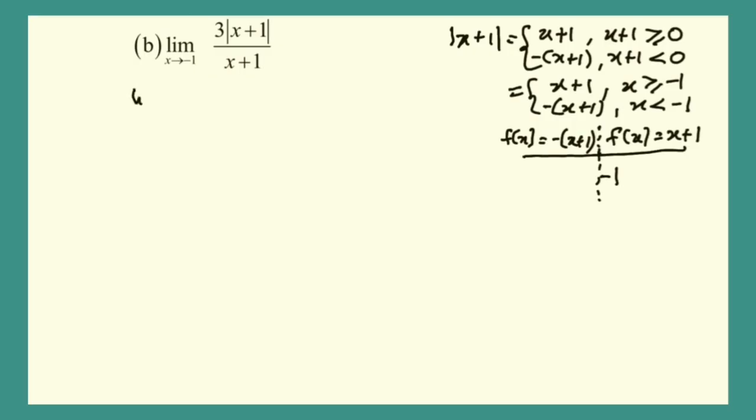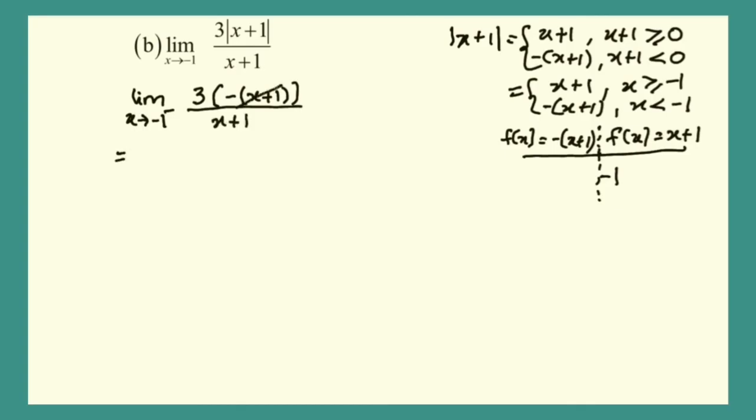Here is the limit for x approaches negative 1 from the left. The function at the left is negative (x plus 1). Here is 3 times negative (x plus 1) over x plus 1.